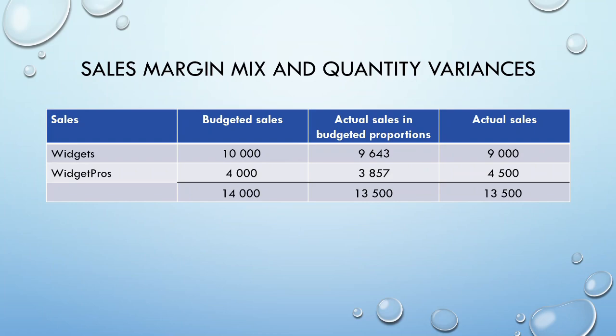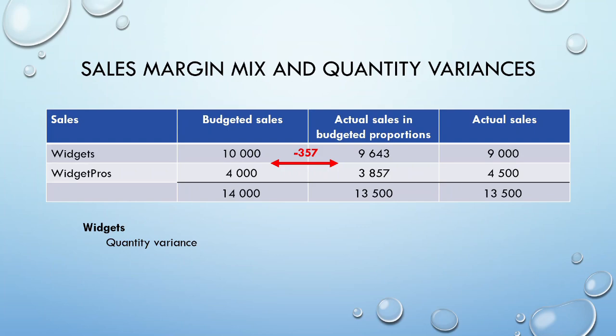So let's calculate our variances for widgets together. You will then have an opportunity to calculate the variances for widget pros on your own. We will start with our quantity variance. Remember, the quantity variance is the difference between the budgeted sales and the actual sales in the budgeted proportions. For widgets, we get a difference of 357 fewer units.